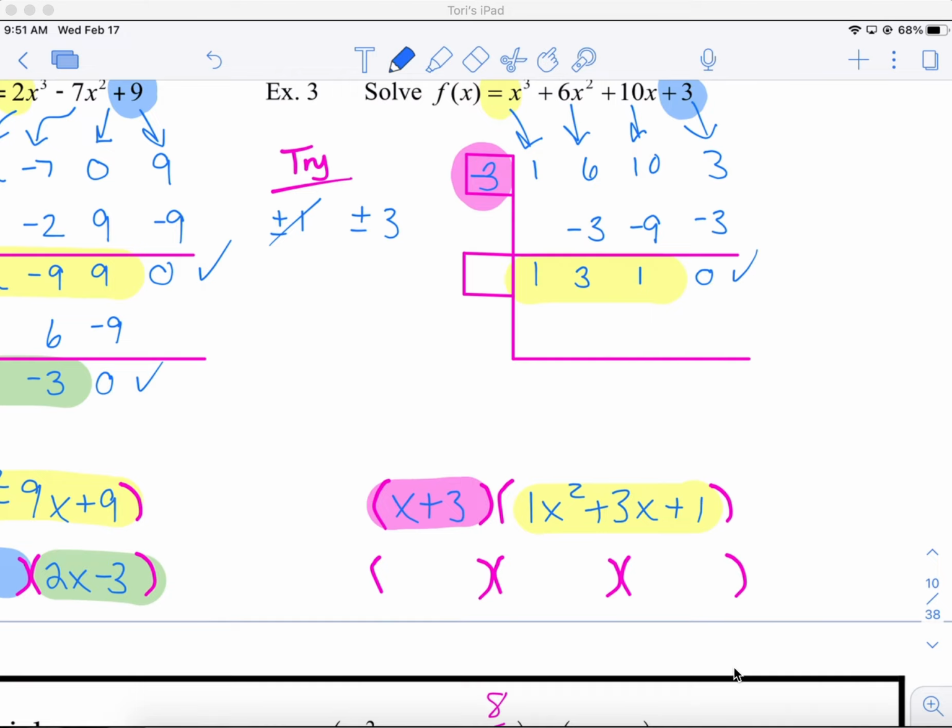If you think about this and there's already a factor leading coefficient of 1, so it would have to be x and x, is there any way that you could multiply to equal a 1, but add up to equal a 3? Is there any way for that to work? Think about if you were doing a t-chart, 1 and 1, negative 1, negative 1. Is there any way to add up to make a 3? No. So in this case, my whole answer, guys, is just going to be this.